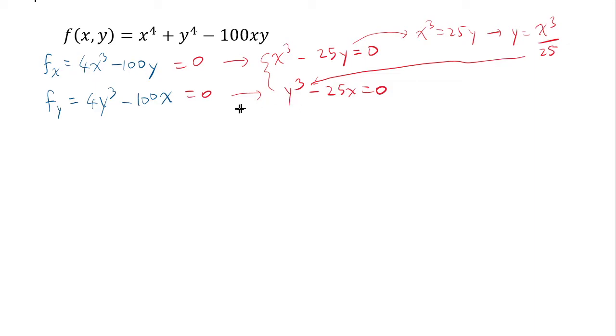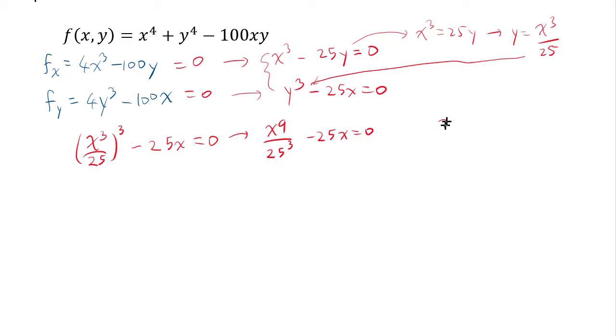So I get x cubed over 25 to the third power minus 25x equal to 0. And that means you get x to the ninth over 25 to the third, minus 25x equal to 0.